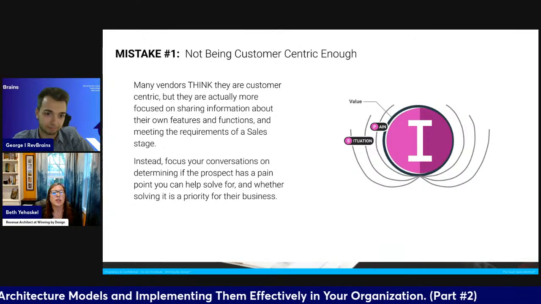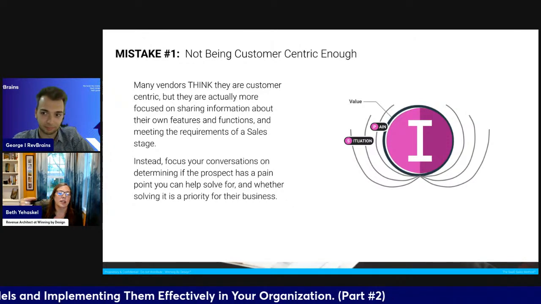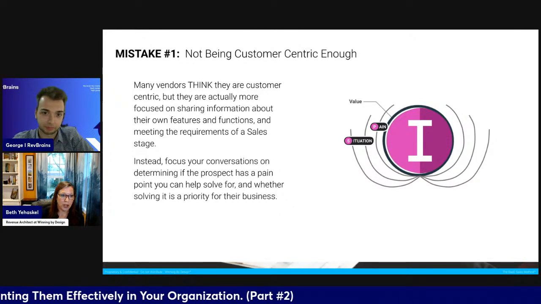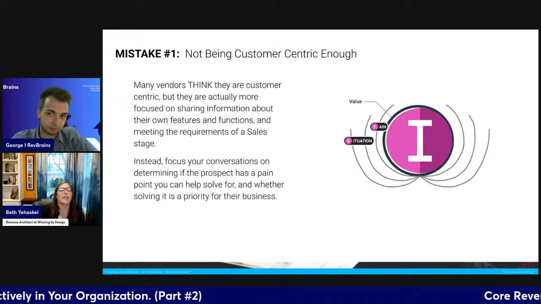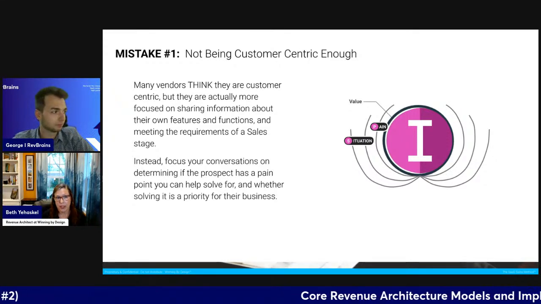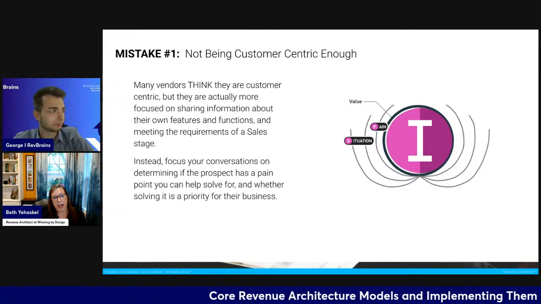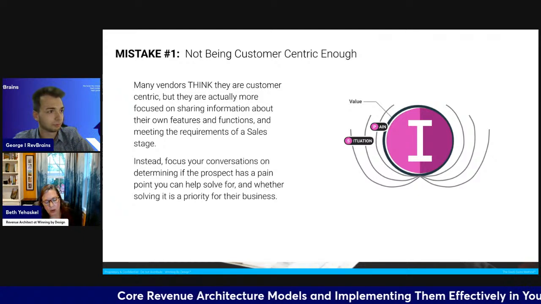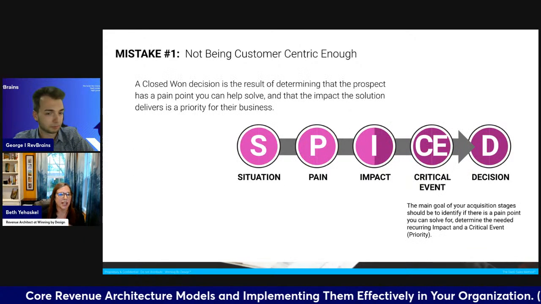The conversations and the way you think about it need to focus on the problems that your prospects or customers have and the impact to their business that will come by solving them. And it's a reorientation. And this is one that I so often see just getting missed.